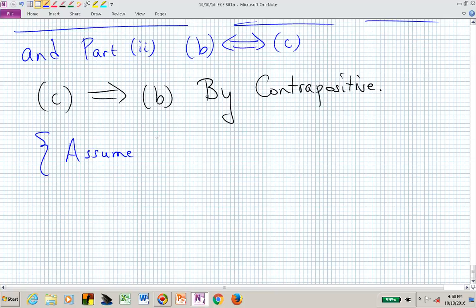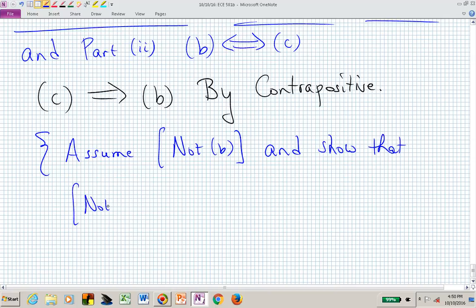So now we assume not B and show that not B implies not C. And that would be a contrapositive demonstration of C implies B. That's our contrapositive proof technique.